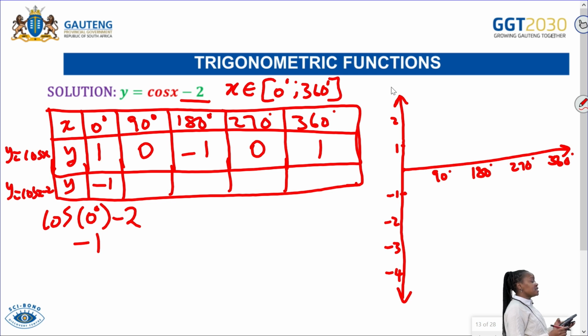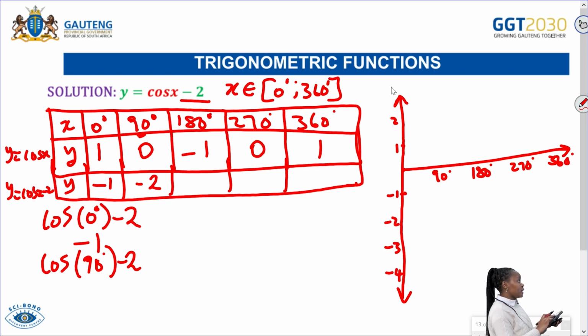And then at 90 degrees, again, you'll say cos, where there is x, you substitute 90 degrees, you say minus 2, you'll get minus 2. And then at 180 degrees, you have negative 3.